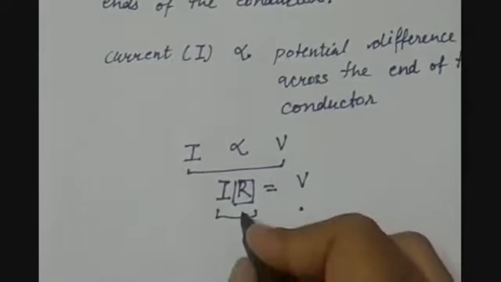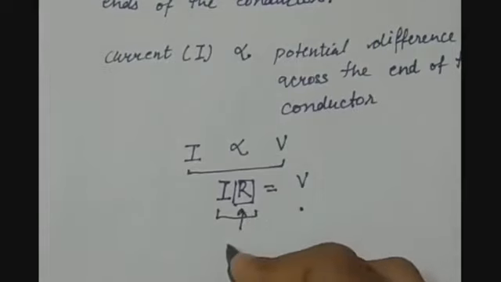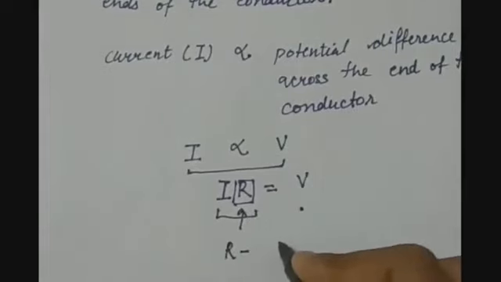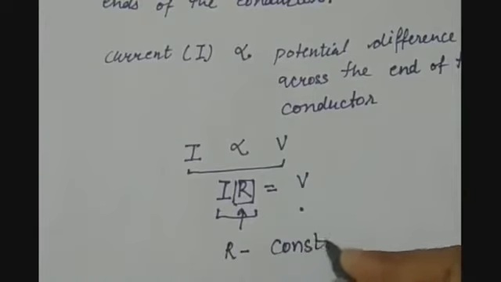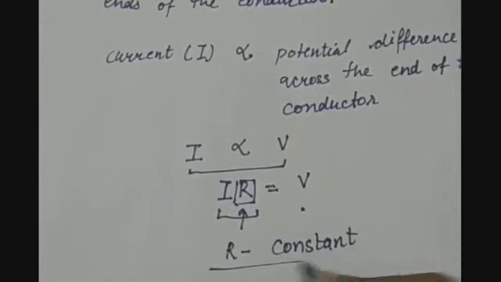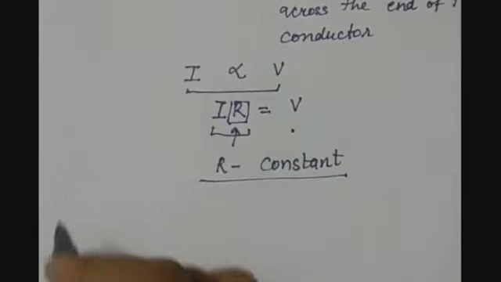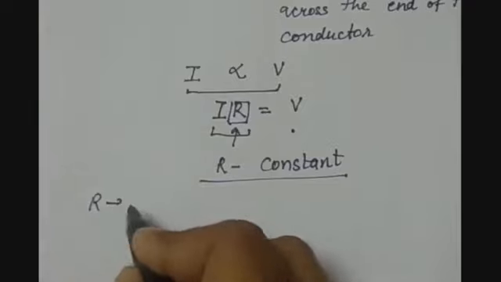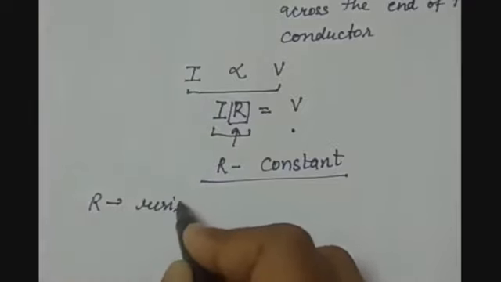And what is this R? Here this R is a constant of proportionality, and this R is known as the resistance of the circuit.